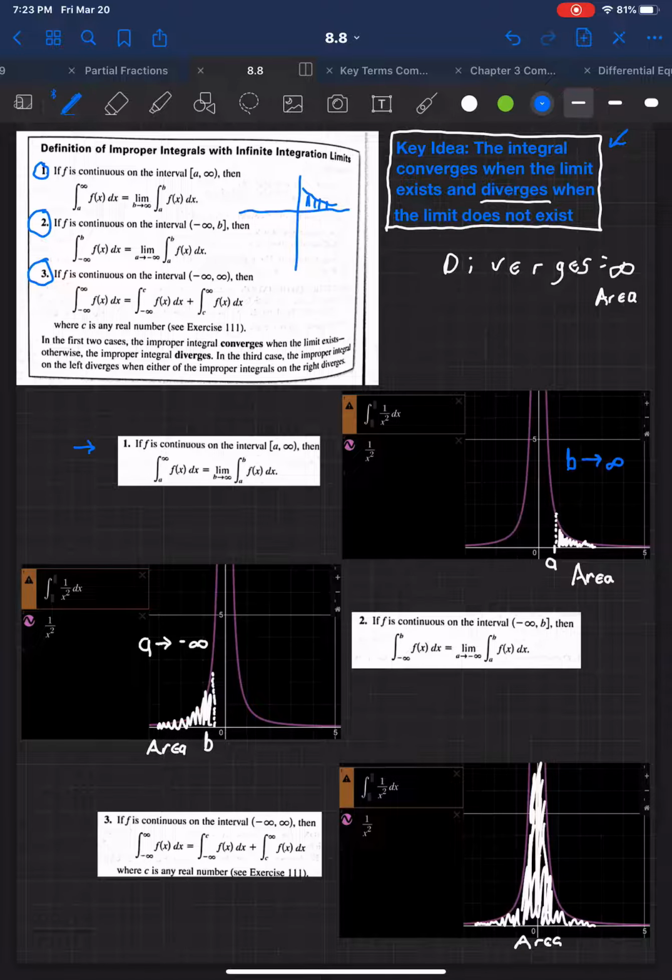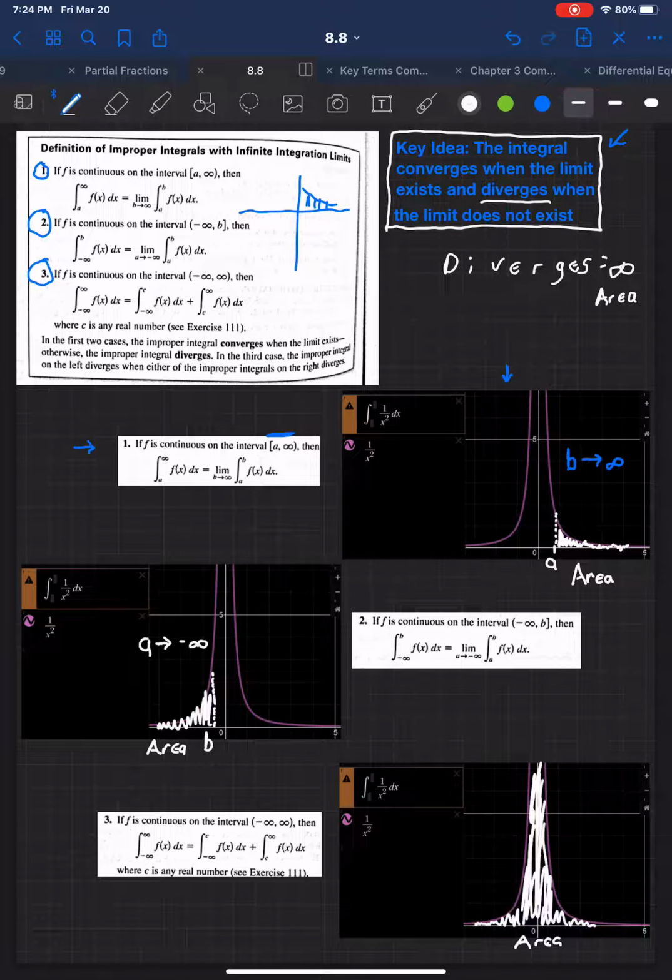Just an informal way: if you can draw the curve without ever lifting your pen, very informal, very sloppy, but if you can draw it from a to infinity without lifting your pen, then it is continuous over that interval. Now, I'm showing you just the graph of the type of area you're looking for, right? From a to infinity basically means you're trying to find all of the area under the curve from a to infinity.